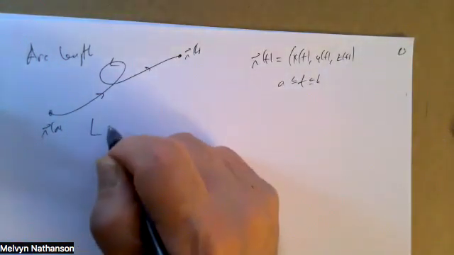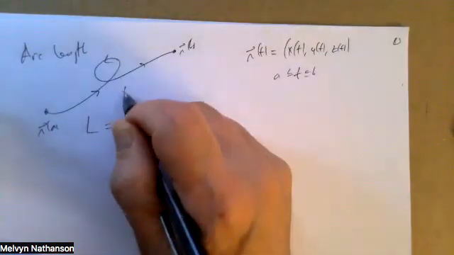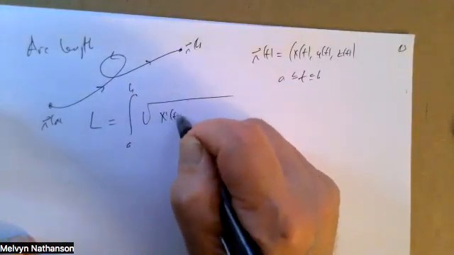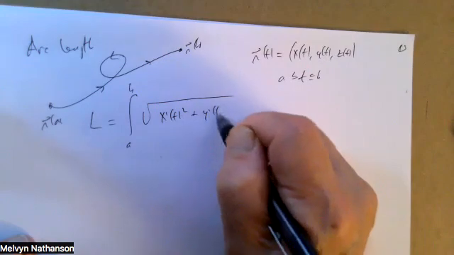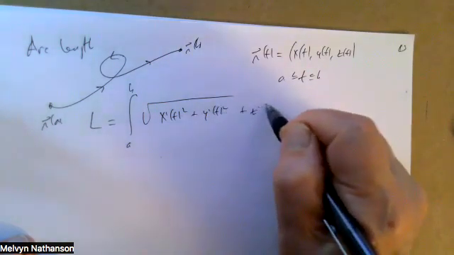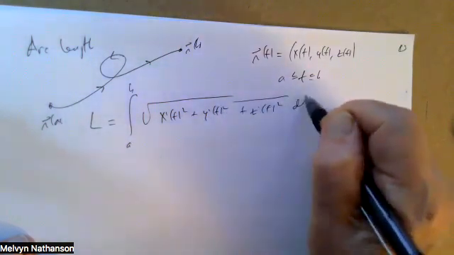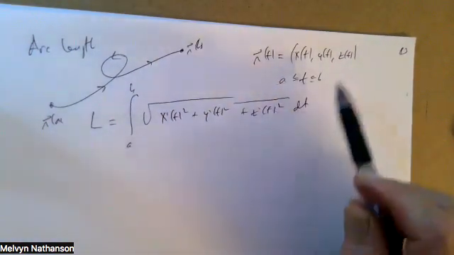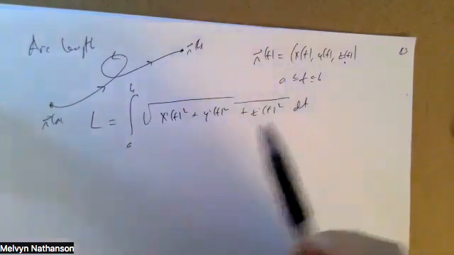The arc length, L, is the integral from A to B of the square root of x prime of t squared plus y prime of t squared plus z prime of t squared dt. If it's in 3-space. If it's in 2-dimensional space, there's just no z of t.